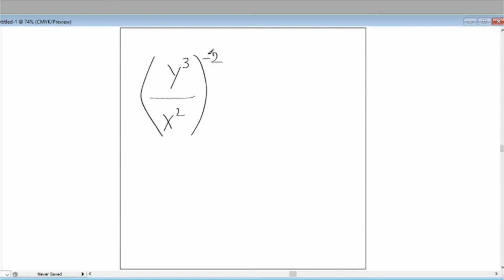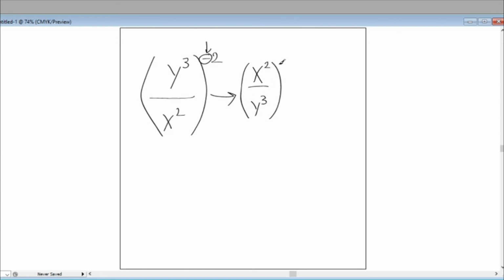First, I need to do something because I have this negative. Again, that negative there just means that I'm going to take the reciprocal. It does not mean anything else. So this is going to become x to the second over y to the third. That's all that negative makes me do, it just makes me flip that fraction.